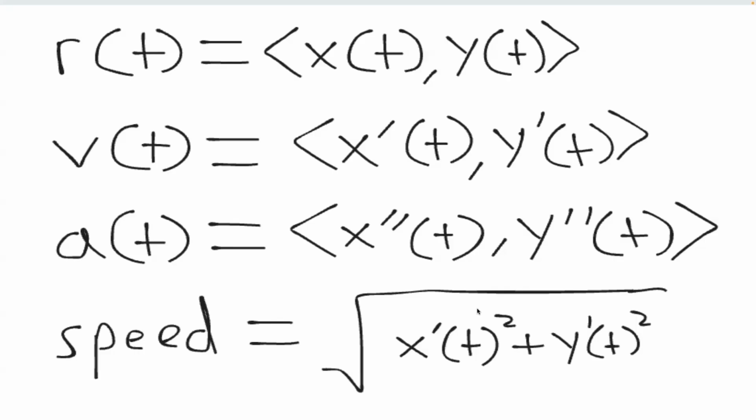And for speed, since speed just cares about magnitude, it'll be the square root of x prime of t squared plus y prime of t squared. Be sure to know how all these relate to each other, so on questions you can relate back and forth between each of these and also use integrals.